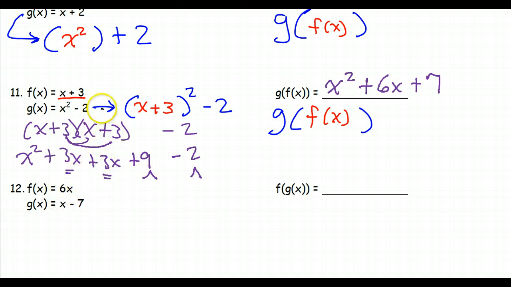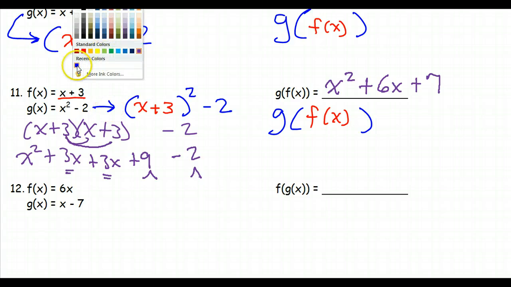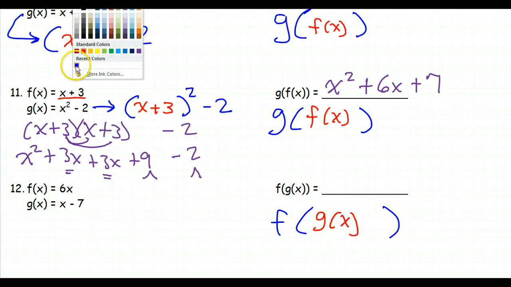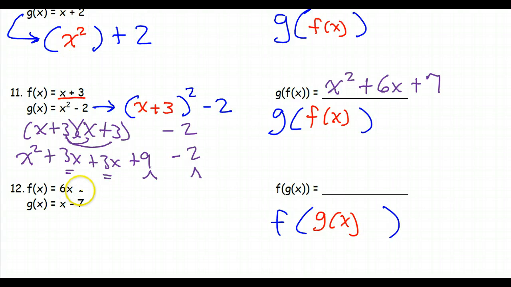Finally, number 12. Let's see what we have. This time we're starting with function f on the outside, and then we'll finish up with function g on the inside. Function f first. It says 6x, so I will do 6 parentheses.